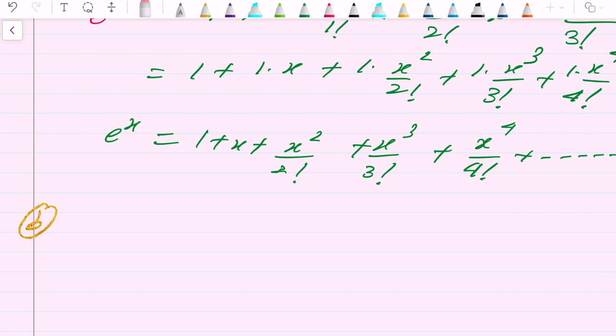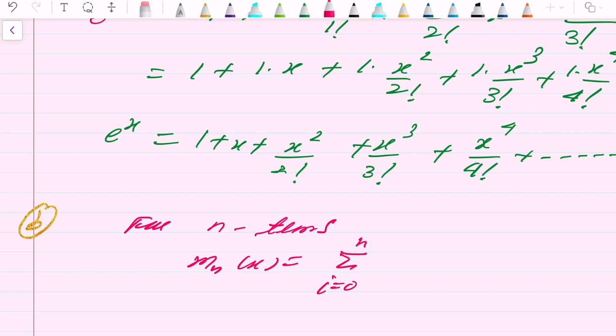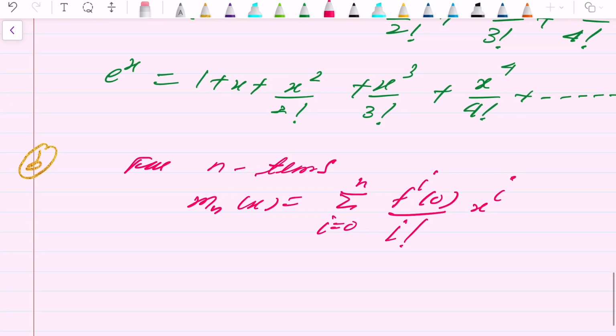Now for n terms, we know the Maclaurin polynomial for first n terms is given by sigma i is equal to 0 to n, ith derivative at 0 divided by i factorial into x raised to power i.